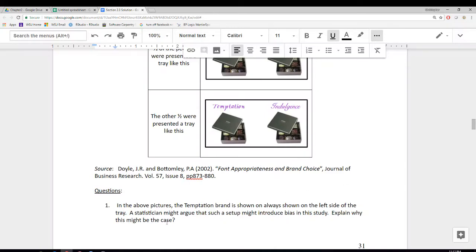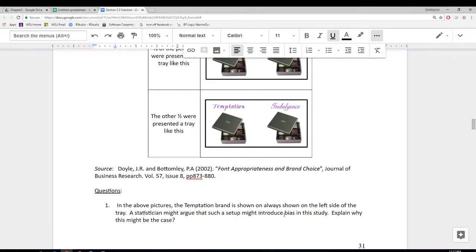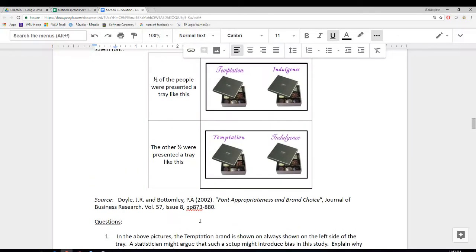Now, let's consider the questions down below here. In the above pictures, the Temptation brand is shown always on the left side of the tray. A statistician might argue that such a setup might introduce bias into the study. Why might that be the case?